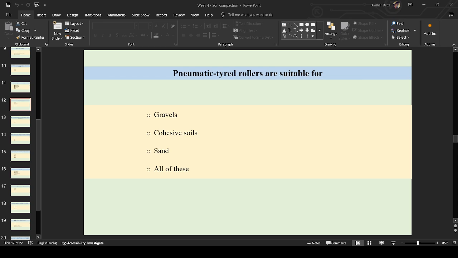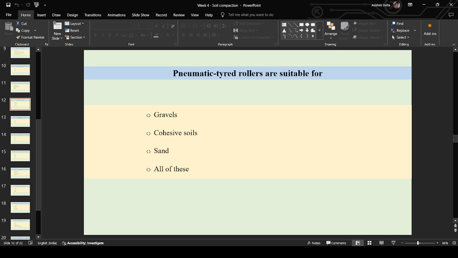Pneumatic tired rollers are suitable for: your options are gravels, cohesive soils, sand, or all of these.